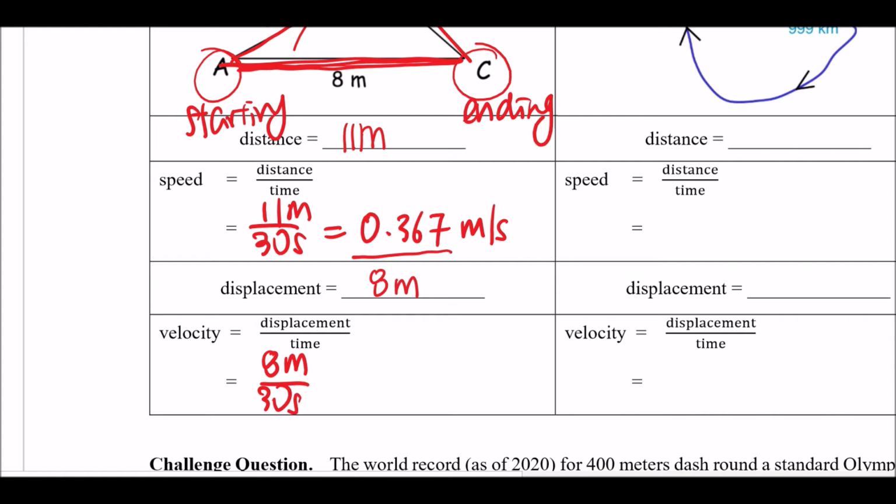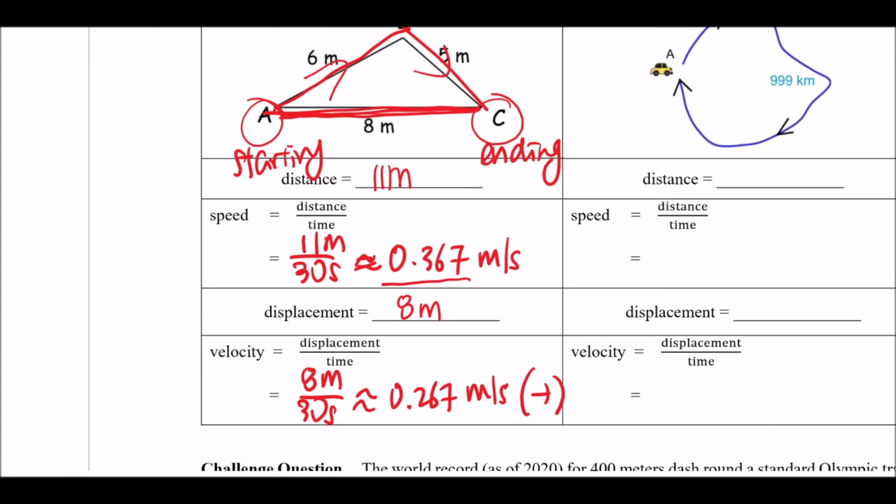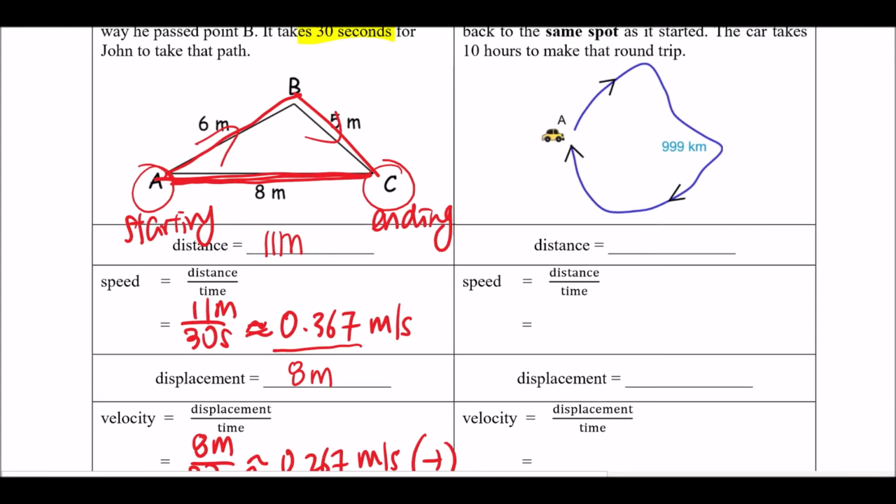If I do the calculations quickly, it will be approximately 0.267 meter per second. If you wish to, you can always give the direction. So you can see that the speed and velocity here are different because distance and displacement are different numbers.